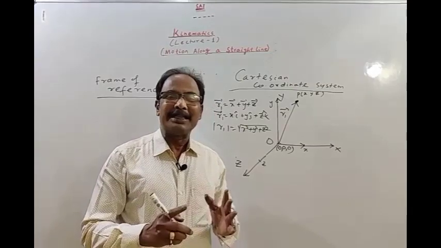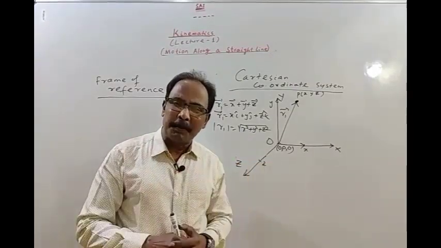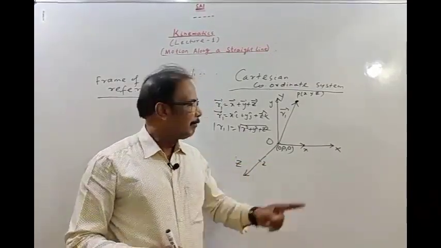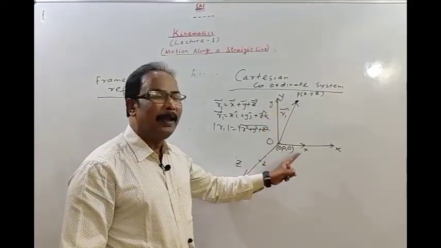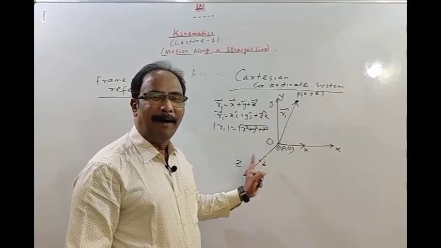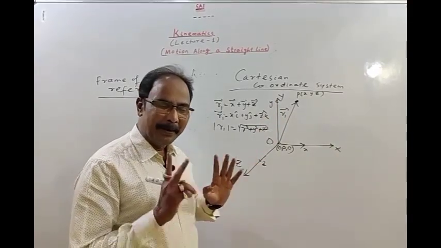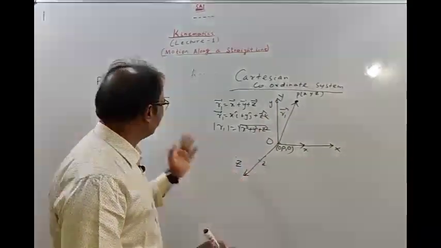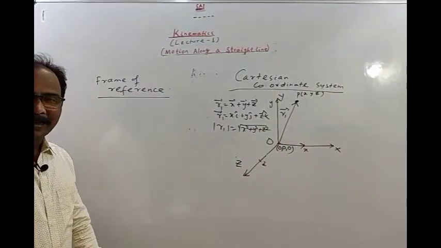Thus, to locate the position in space we require a system of three coordinates, the x coordinate, y coordinate and z coordinate. Right? Then we are moving to the frame of reference.